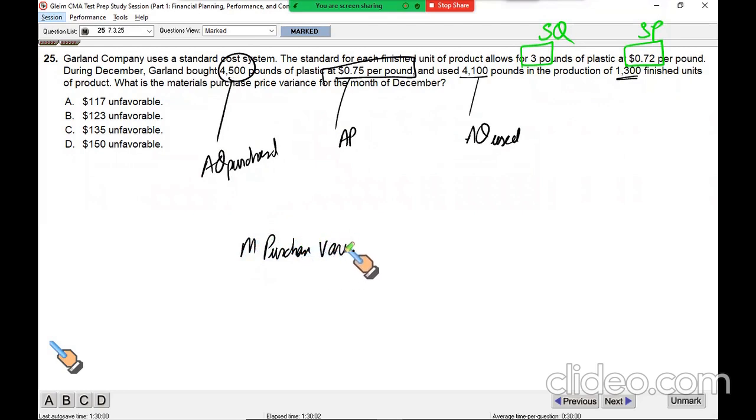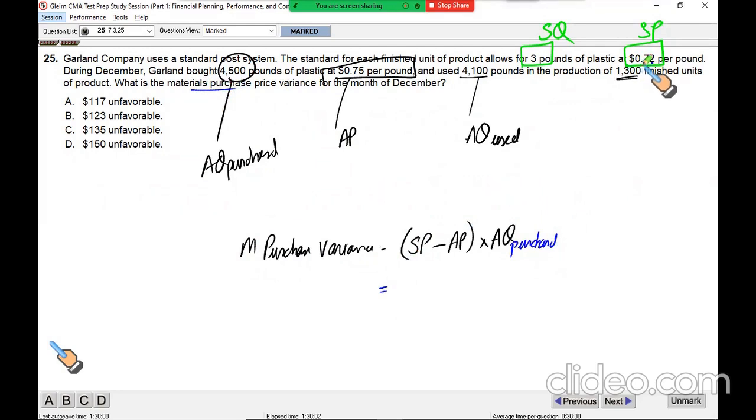Purchase price variance. I'm sure you have the formula. Purchase price variance is the standard price minus actual price, into actual quantity purchased, right? Because the question clearly says the quantity purchased, material purchase price variance. Now just plug in the numbers.